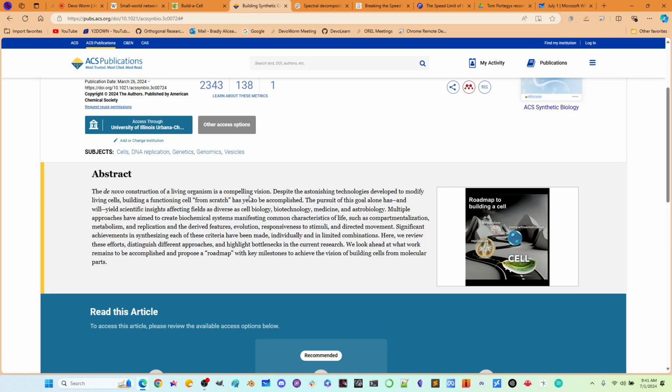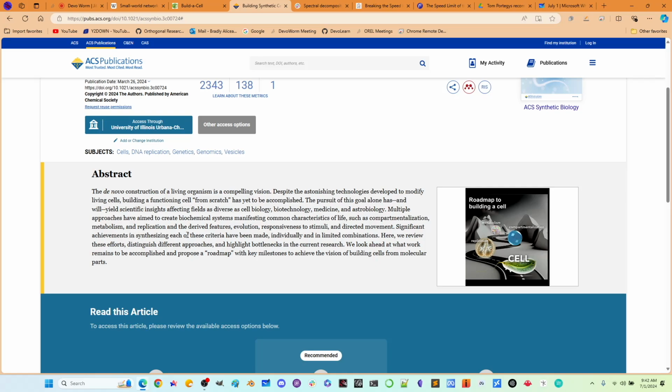Those sorts of things are all the structural characteristics of the cell. You have those things in service of metabolism or replication. And then you have things like the evolution of a cell, the responsiveness to stimuli, and directed movement, which we know from a lot of the stuff that we've talked about with respect to epithelial sheets is very important in development.